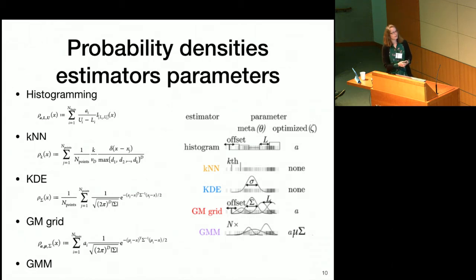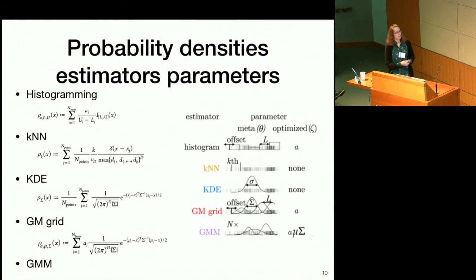If you look at these other functional forms, they basically have the same type of sum of basis set, except KNN is actually a sum of delta functions. And there the k in the k-nearest neighbor should be validated, because it is a spurious parameter, as is the case of the offset and the size of the bin in the case of histogramming.